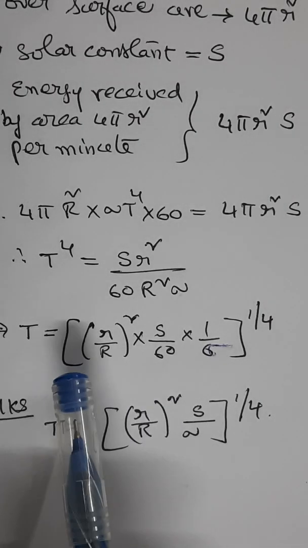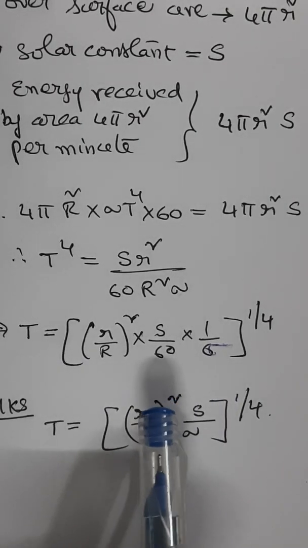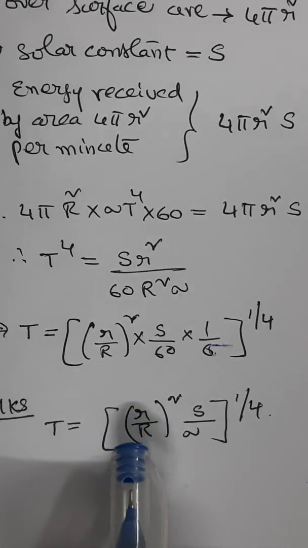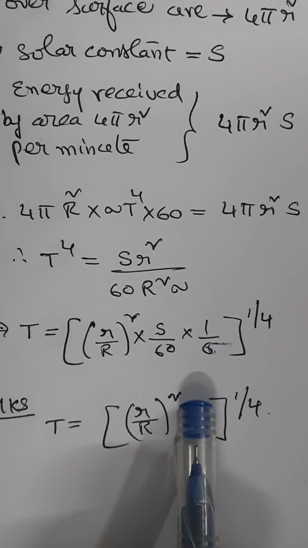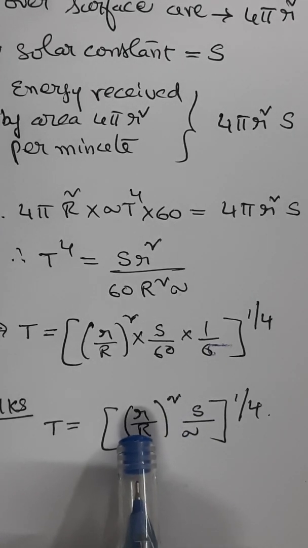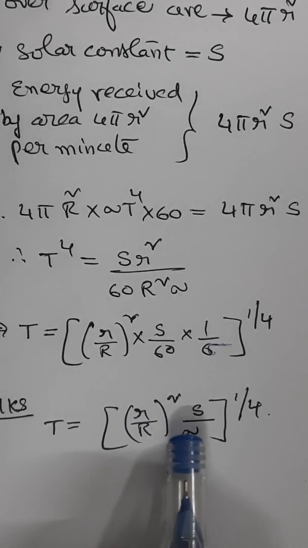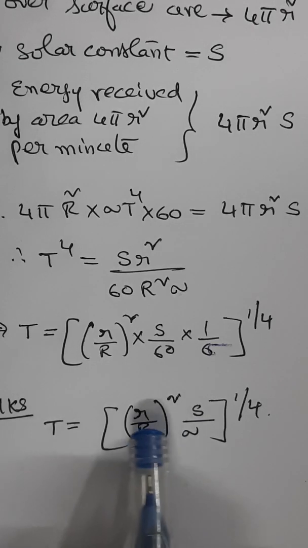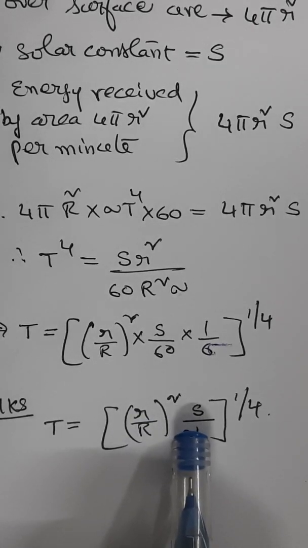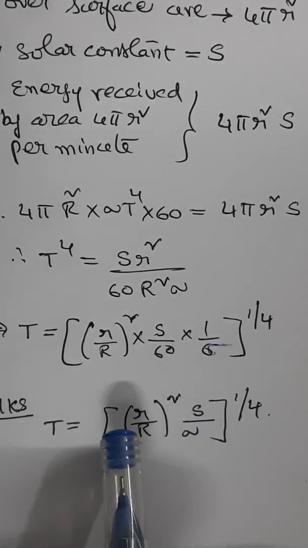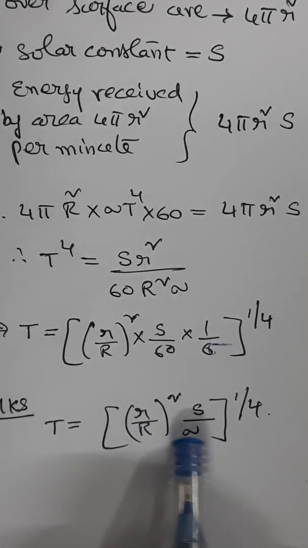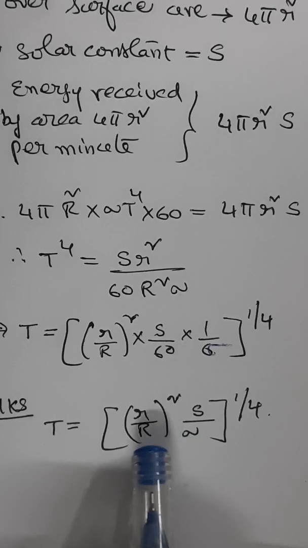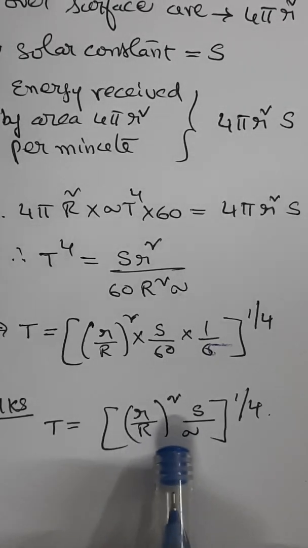So in this equation, by determining the values of the constants like the solar constant S, the radius of the outer sphere capital R, the radius of the concentric inner sphere small r, and the Stefan's constant sigma, you can calculate the temperature of the sun.